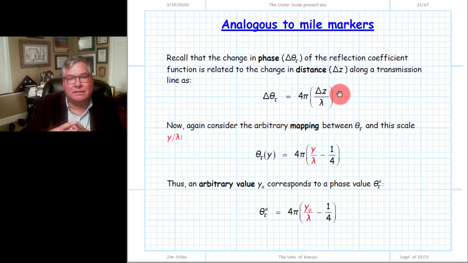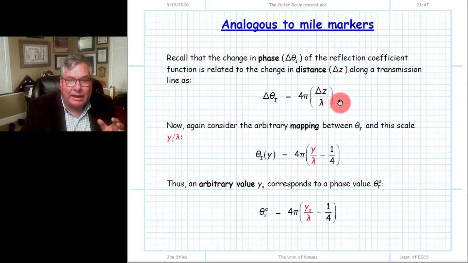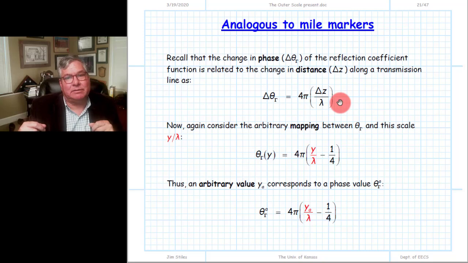Recall earlier we showed that the change in the phase angle of gamma due to change of some distance along a transmission line can be written in this simple expression. And the important point about this expression is it is independent of the load of the transmission line.